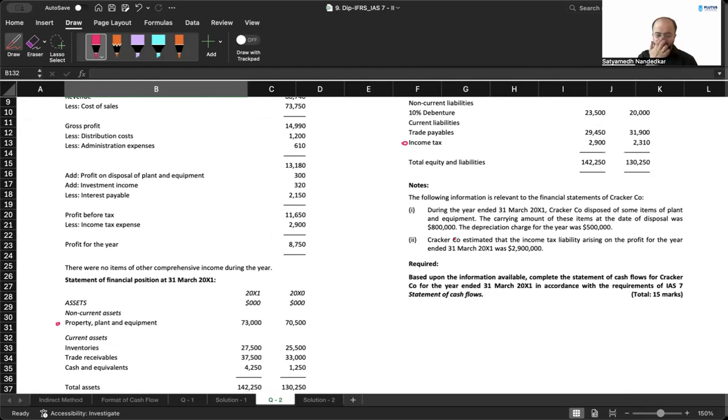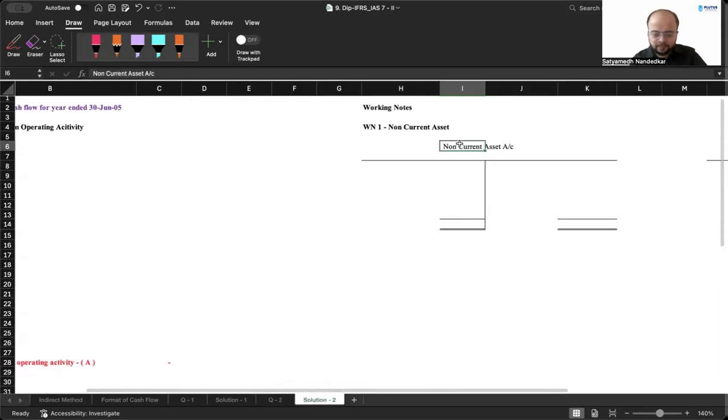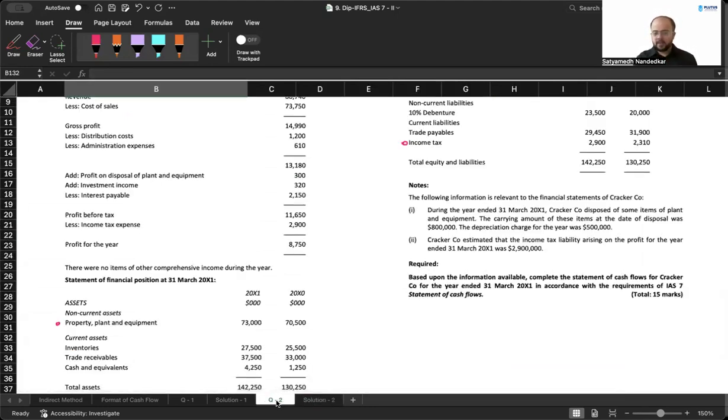Now, for non-current assets, I know that there is an adjustment. Create your non-current asset ledger. Here, see whether you have any accumulated depreciation. No. That means the depreciation has been credited to the asset account. 70,500 and 73,000 are your carrying amounts.